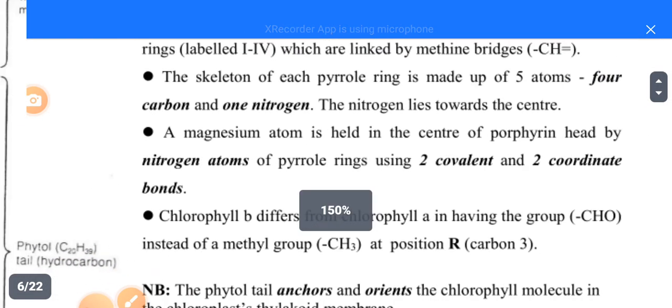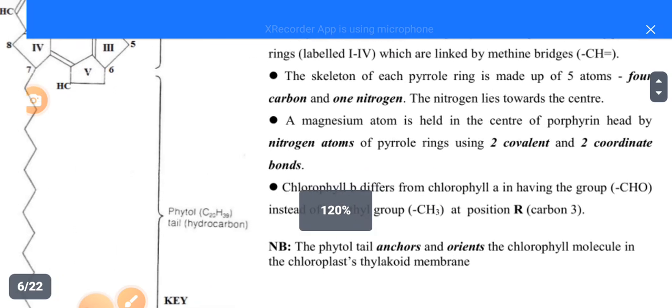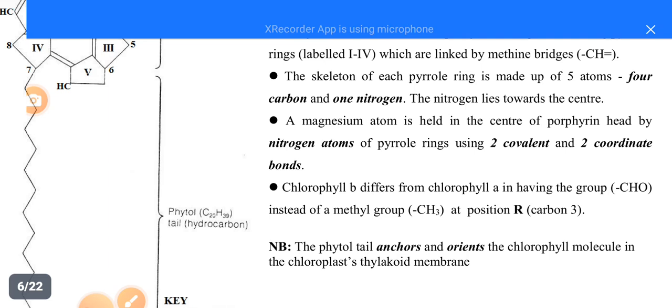Then they are saying that chlorophyll b differs from chlorophyll a in having the aldehyde group, the one you are seeing there, instead of a methyl group at the R position, or on the 3rd carbon atom, as you can see there.